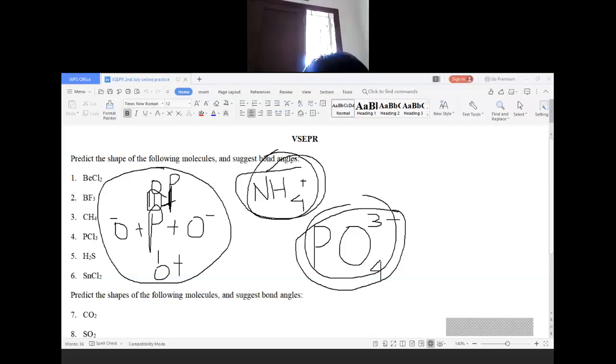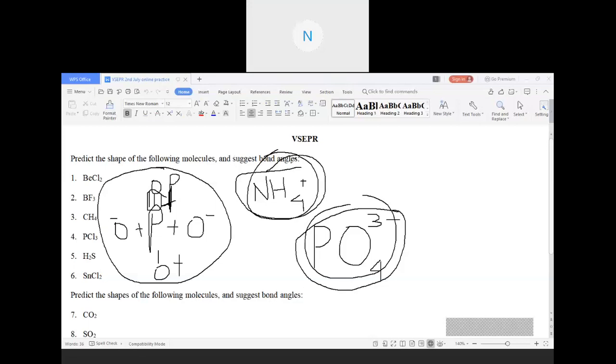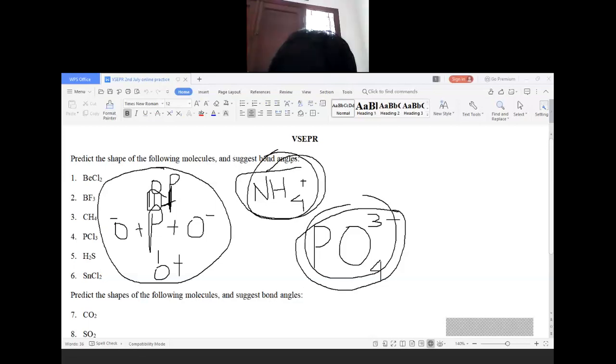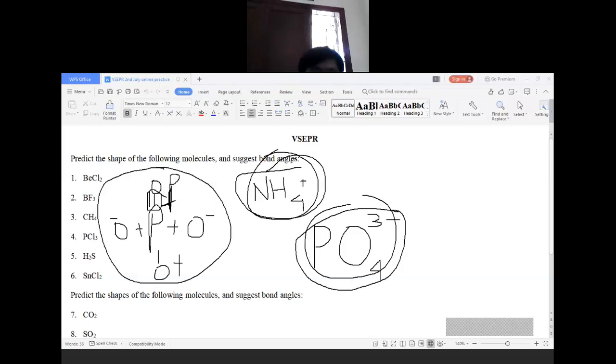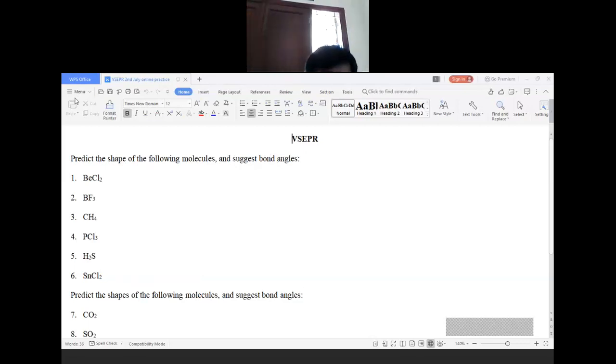Which ion is that? It must be a polyatomic ion. Okay. Now let's continue. Don't worry, I'll give more exercises on this. I know you are confused.